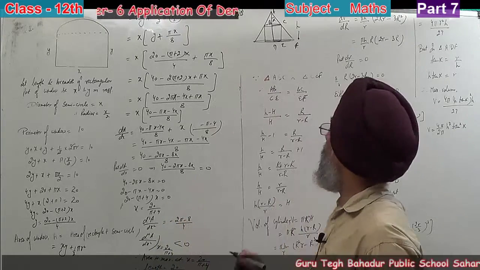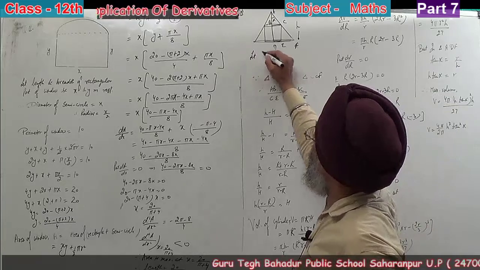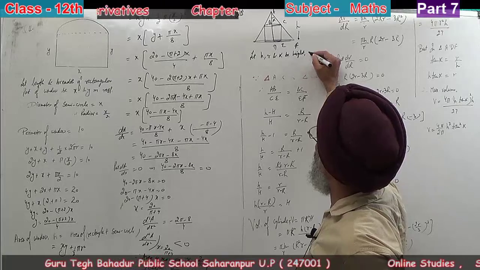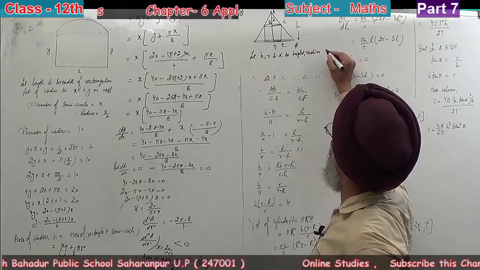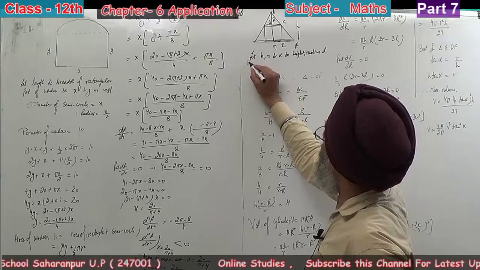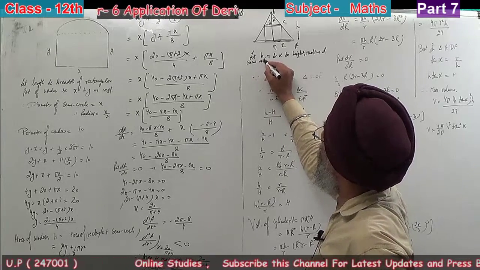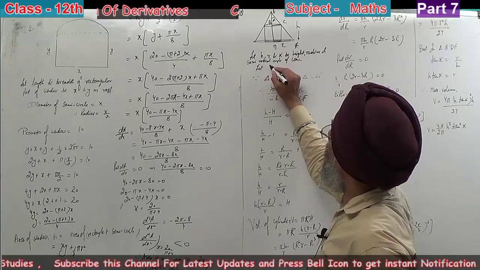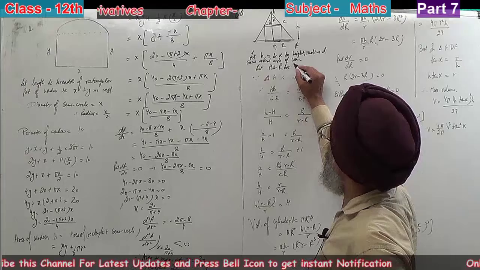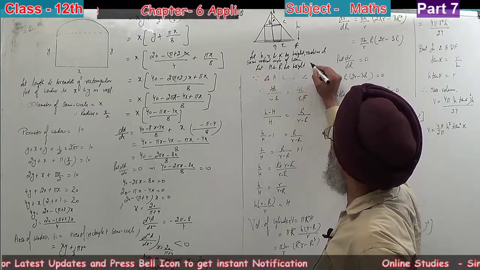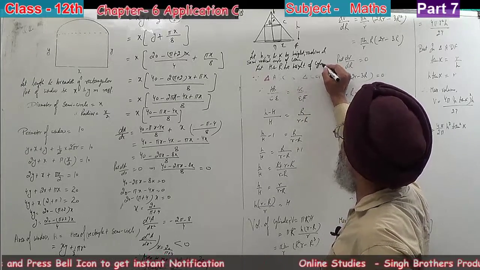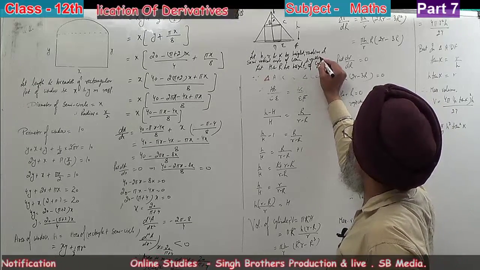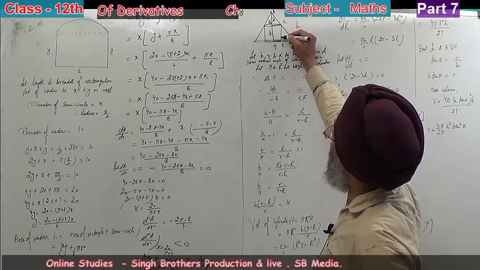Two points we have to show, so let h, r and alpha be the height, radius and semi-vertical angle of the cone, and let capital H and capital R be the height and radius of the cylinder.